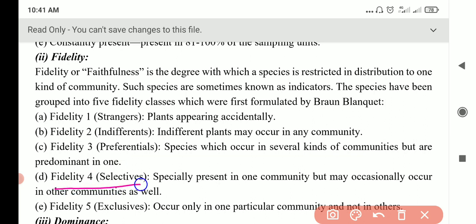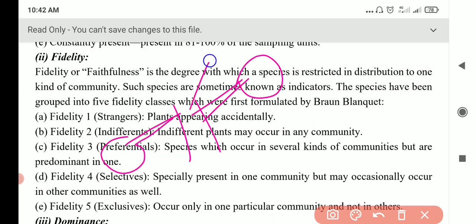So fidelity 4 are the selectives. They are very selective about where they live. They are present in one community but occasionally occur in other communities as well. So it will be like your Sora, the Cherrapunji orange.